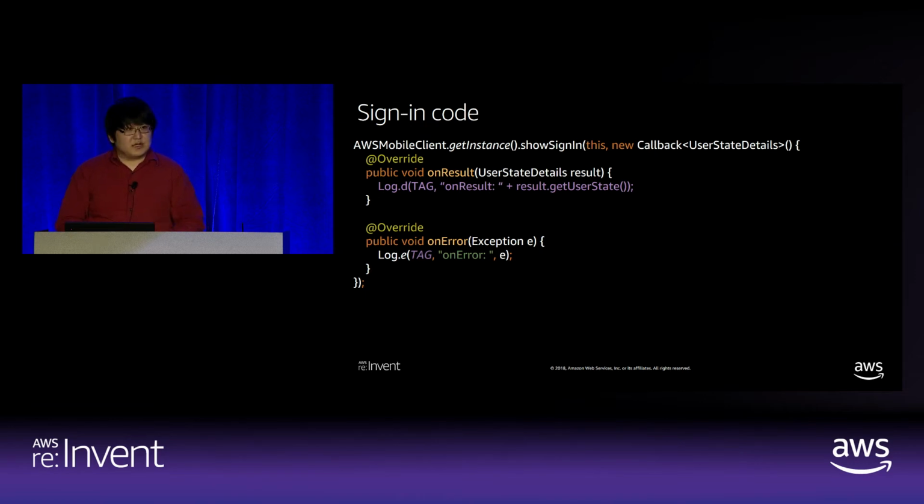So if there's security involved, you can ask the user for a SMS code or email code, and they can sign in. And if they choose to configure it, you can also have the sign-in UI support social sign-in like Facebook or Google, which is relatively easier for a lot of our users.